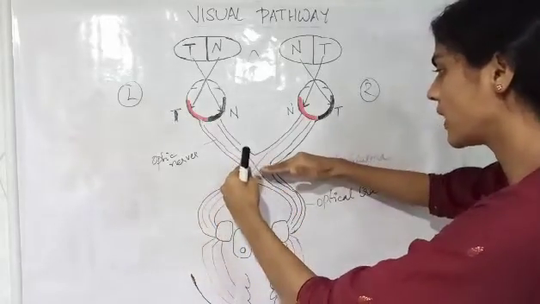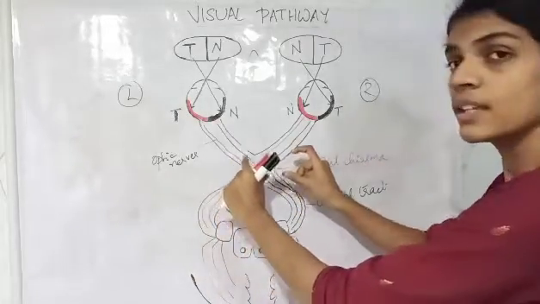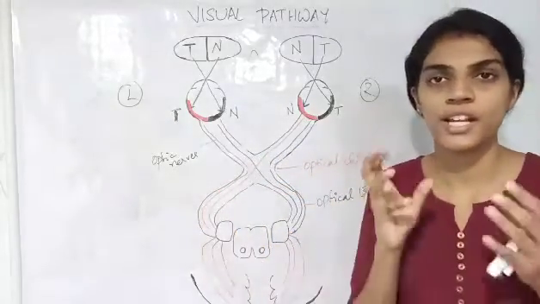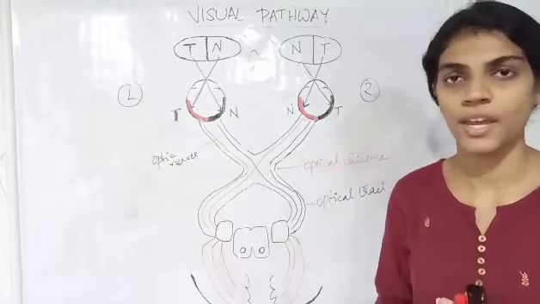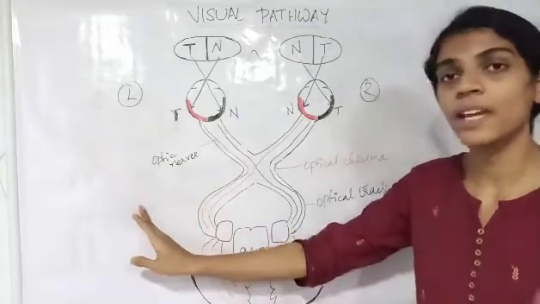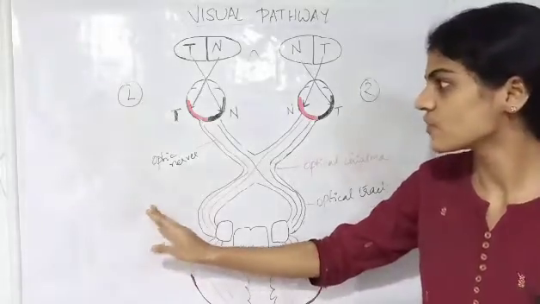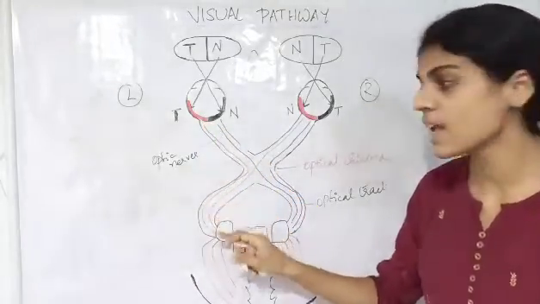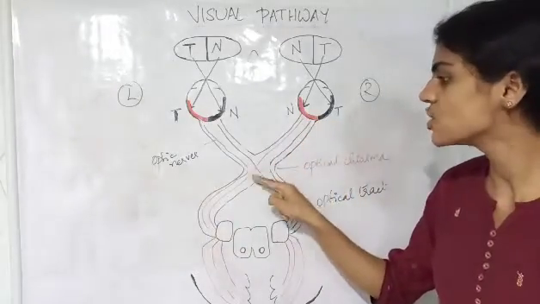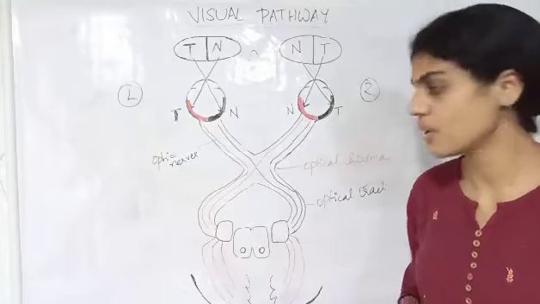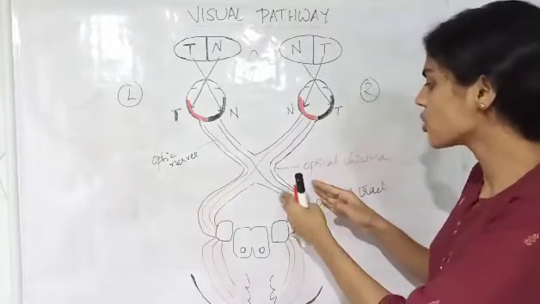After the optic chiasma, these nerve fibers go through a tract known as the optic tract. The left optic tract includes nerve fibers from the temporal region of the left eye and the nasal region of the right eye. And what about the right optic tract?